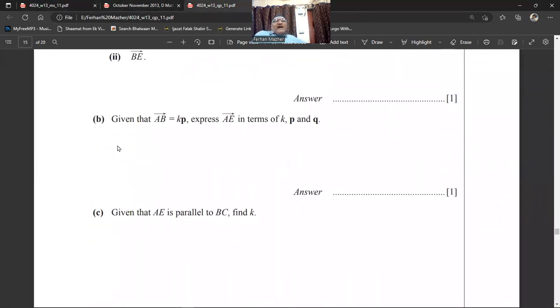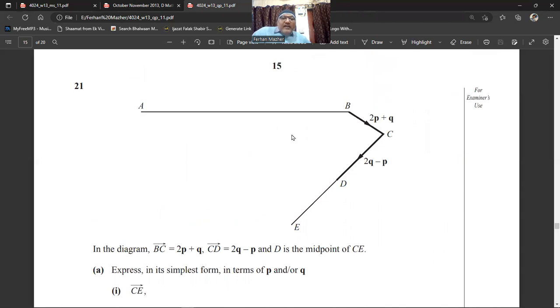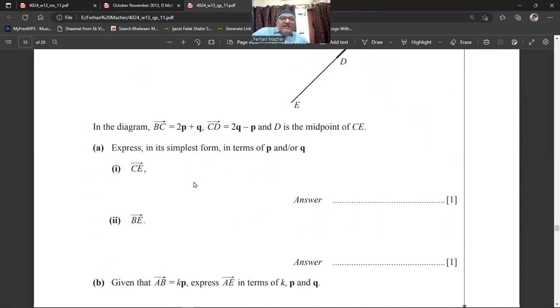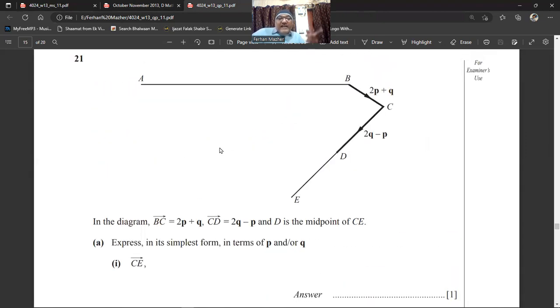B part: given that AB is equal to K times P, express AE in terms of K, P, and Q. The AB value is given as KP.